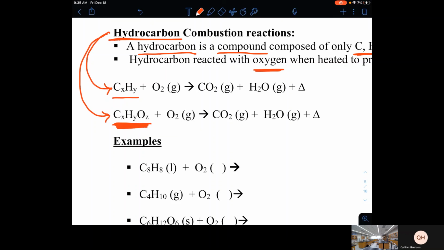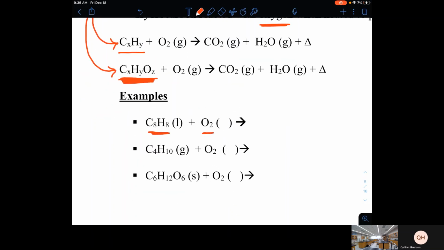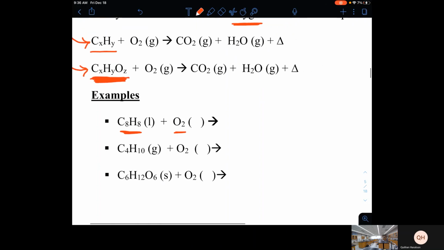When it comes to combustion reactions, these are by far the easiest reactions to work with, because as soon as you see a hydrocarbon plus oxygen, the only thing you have to do is write down CO2 gas plus H2O as a vapor, plus we get our heat coming off of this as well.